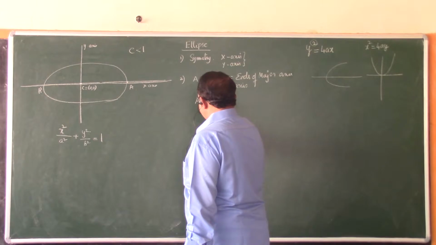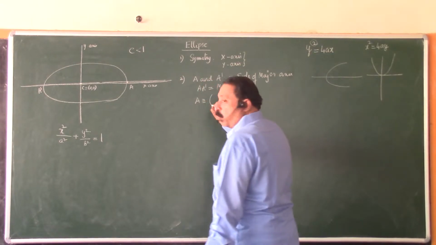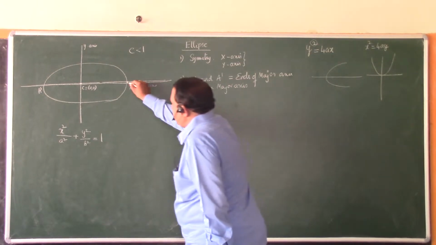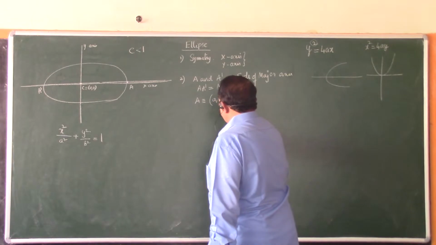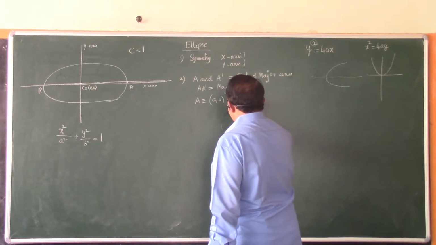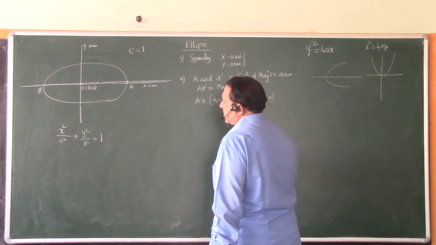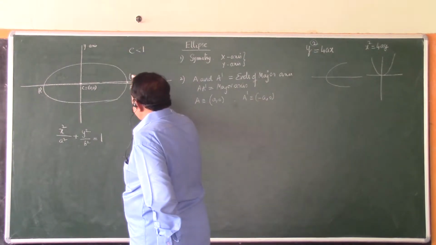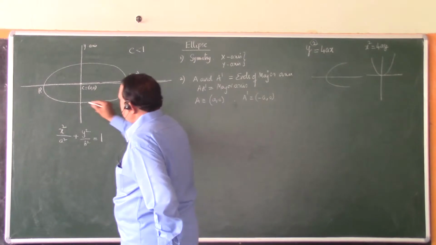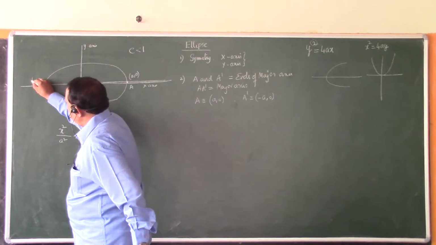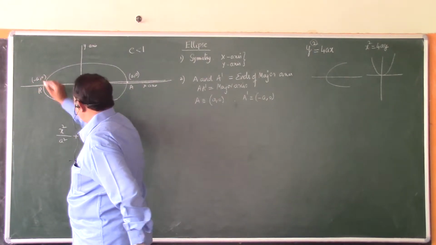Now the coordinates of one end of the major axis, that is A, is a comma 0, and the other end A dash is minus a comma 0. A is a comma 0, and this is on the left side, therefore this is minus a comma 0.